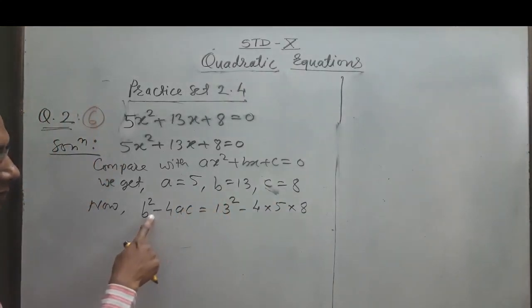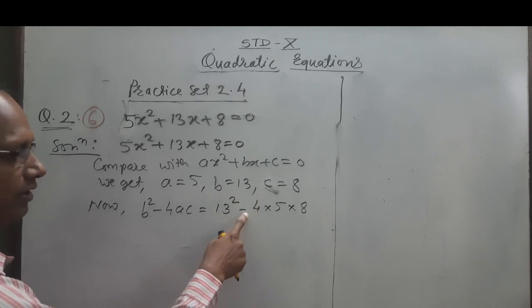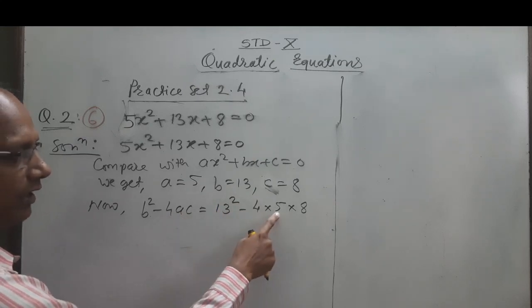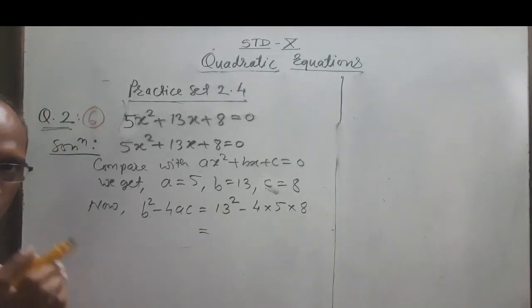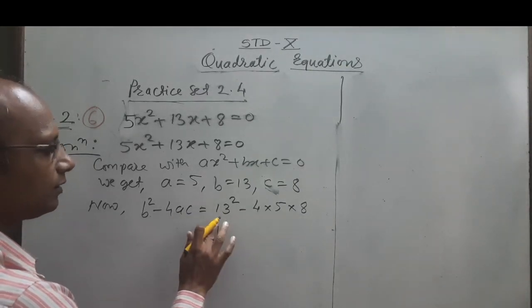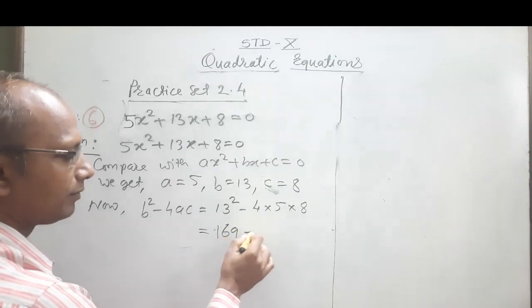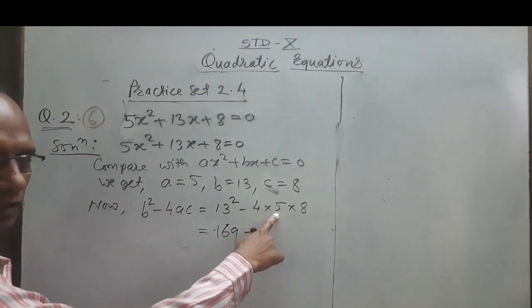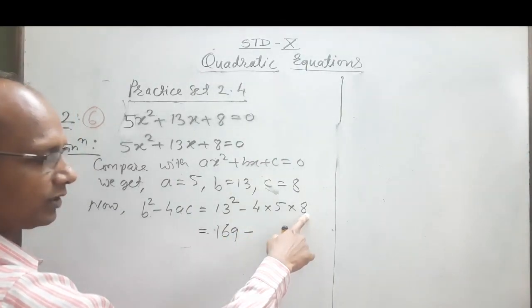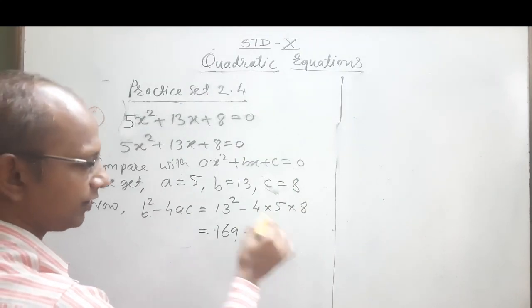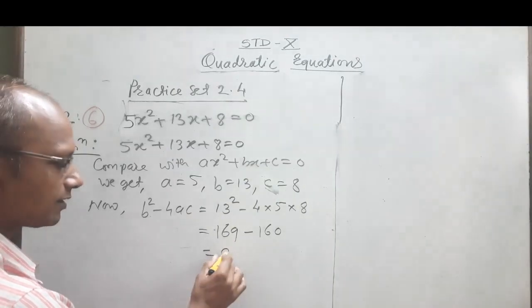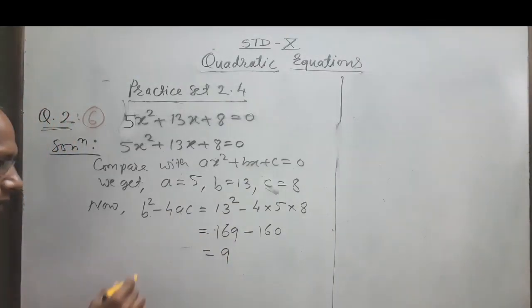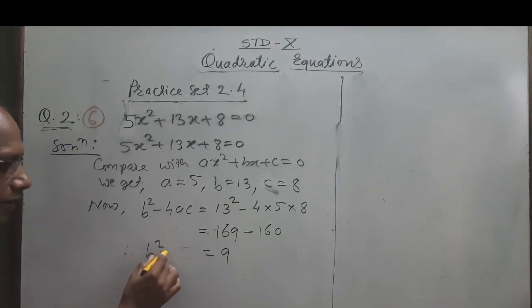That equals 13 square, that is 169, minus 4 5s are 20, 20 8s are 160. So that is 169 minus 160, that is 9. So therefore, b square minus 4ac is equal to 9.